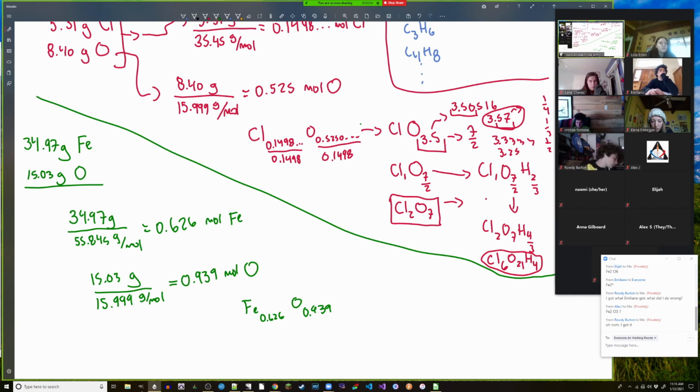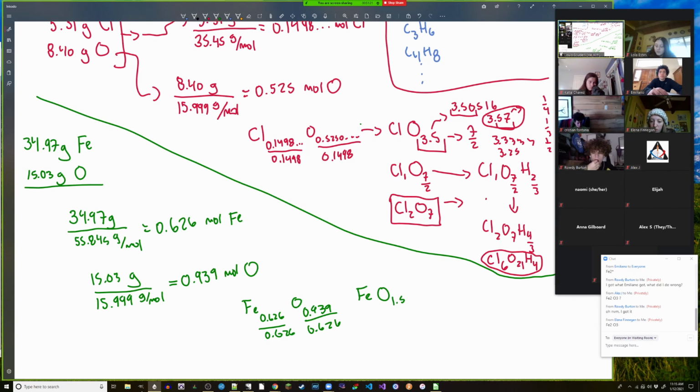So we're going to divide by the 0.626 for both of them. And I get really close. So it'd be FeO 1.5. And the number here is actually 1.50021. It's so close to 1.5.